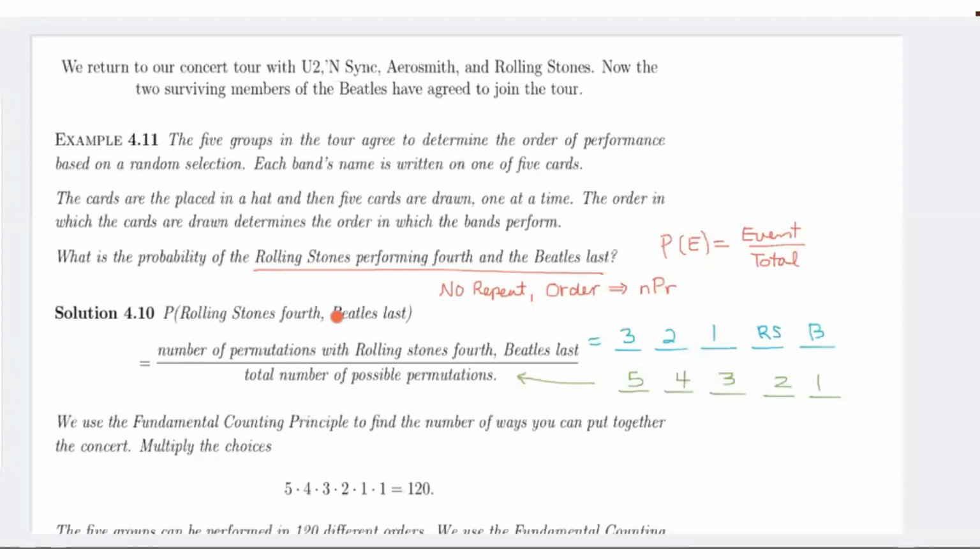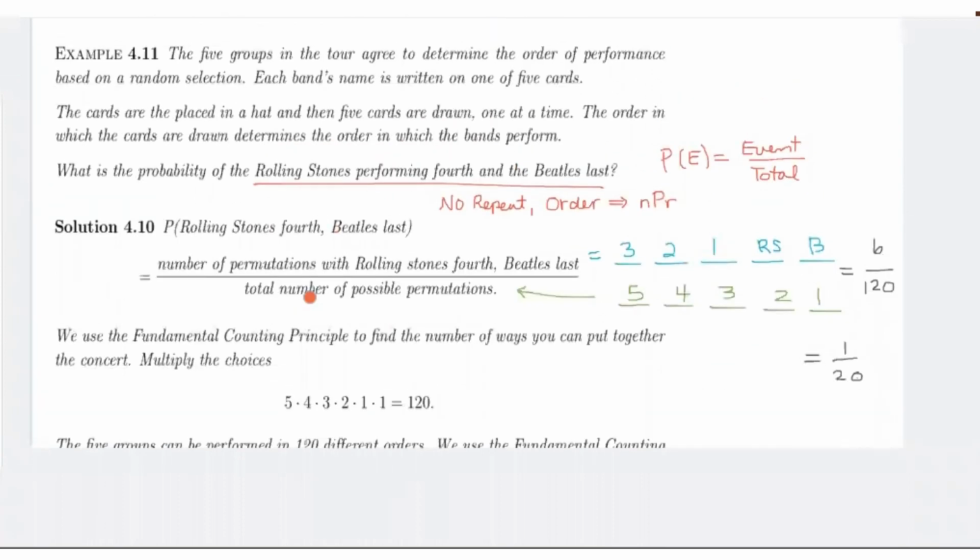When you compute this, 6 over 120, and you reduce it, this is 1/20th. That's what the bottom of the solution explained.